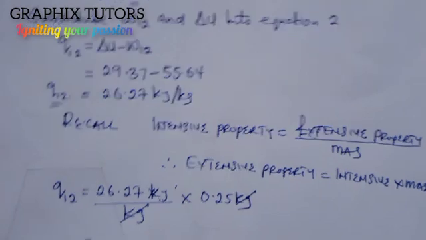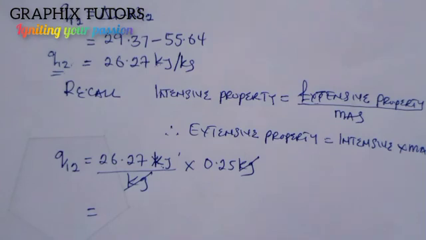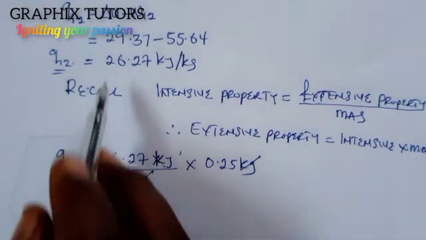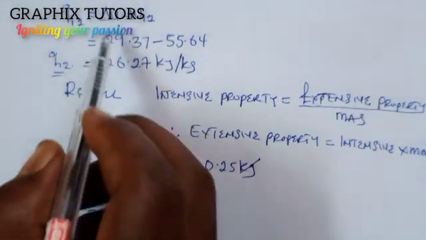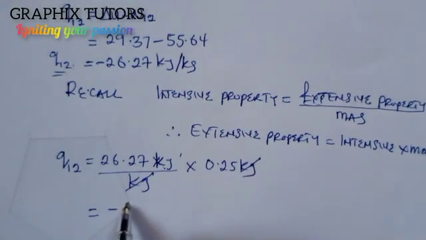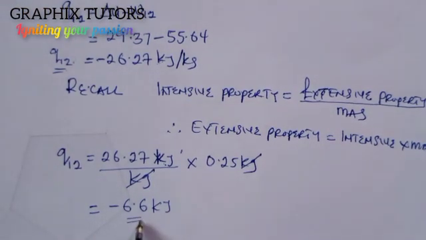So this gives us 26.27 times 0.25, negative, because our value here is negative. Don't forget this is minus. We have minus 6.6 kilojoule approximately.